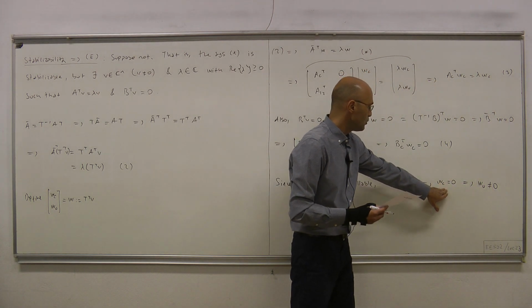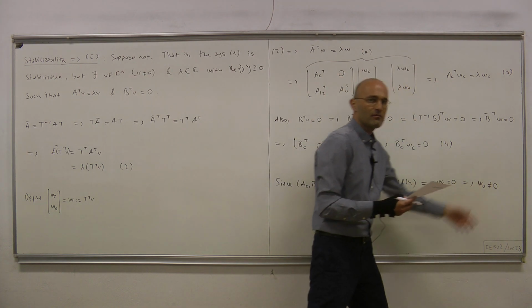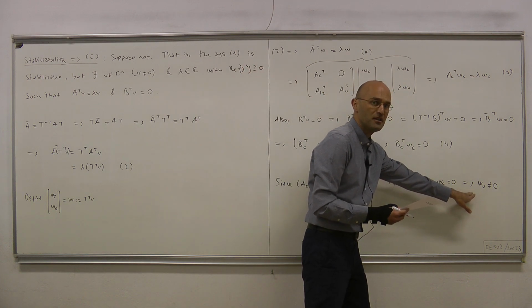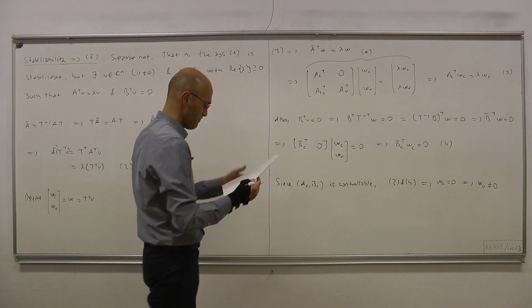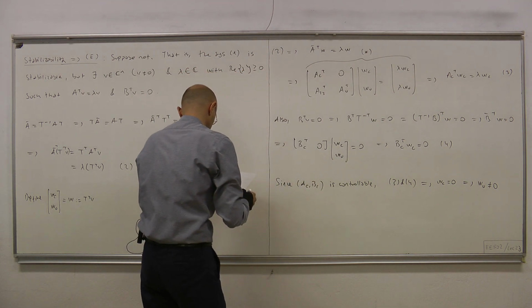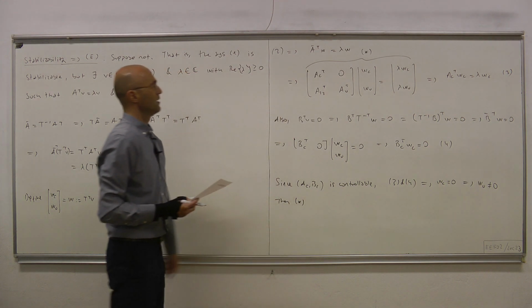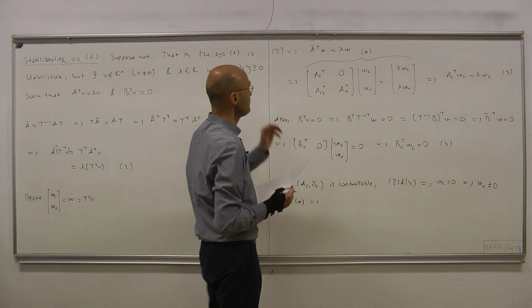Now WC equals 0 and WU is different than 0. In the light of this new discovery, we will now revisit equation star. Equation star produces what?